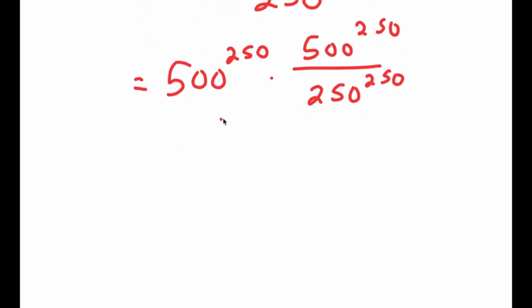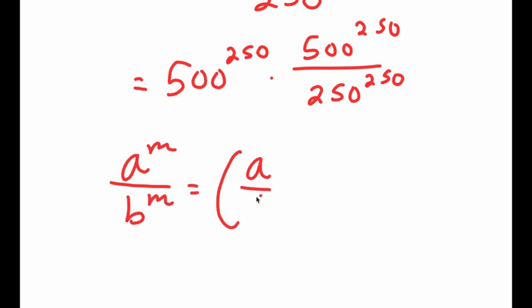Now, if I have something in the form a to the power of m over b to the power of m, this is equal to a over b to the power of m.